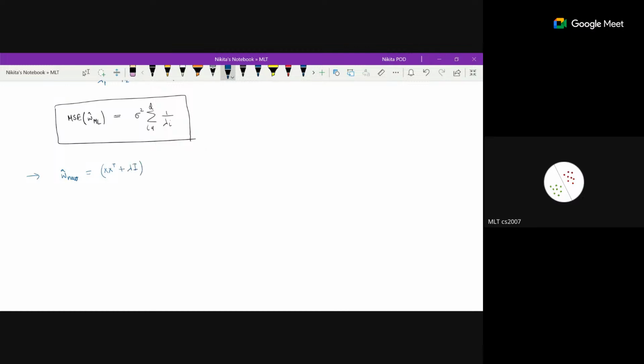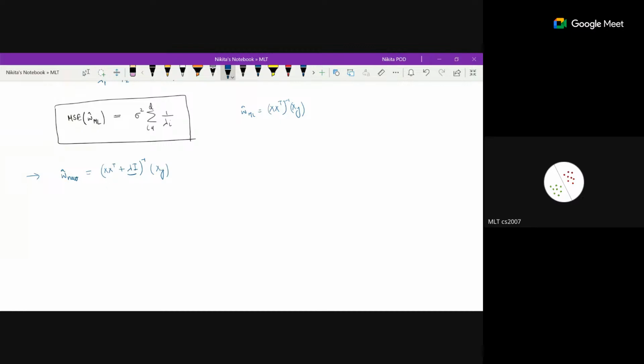So we are adding this additional quantity lambda I. Initially, our W hat ML was XX transpose inverse XY. Now in this new estimator, we have added this term lambda I. If we have this new estimator, how does the mean square error look? This is what we have to see.